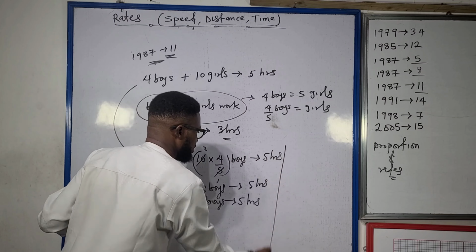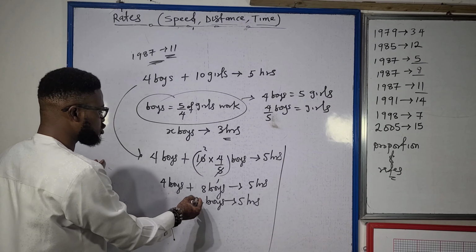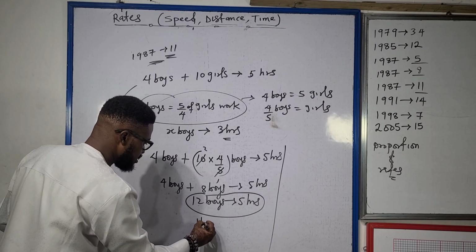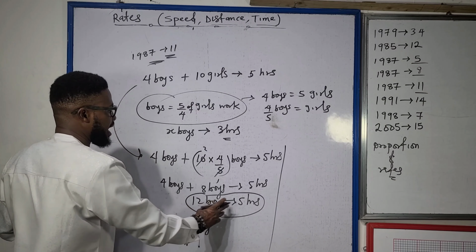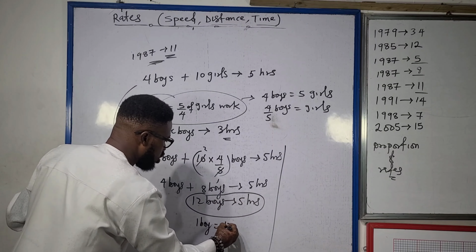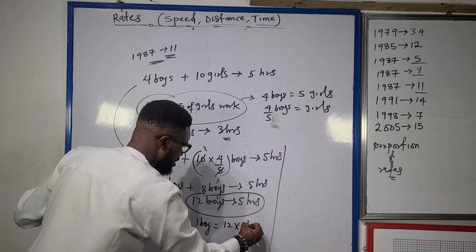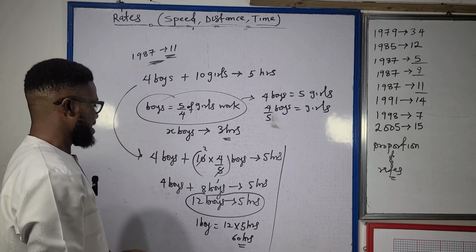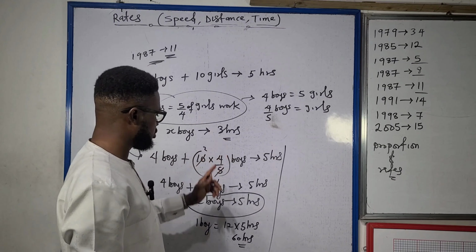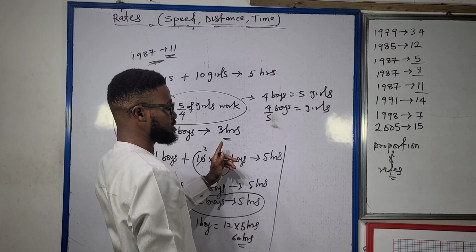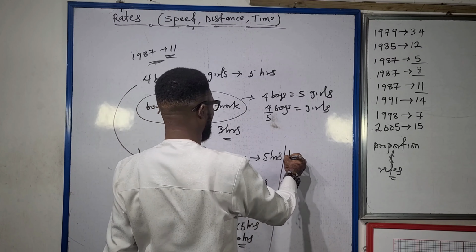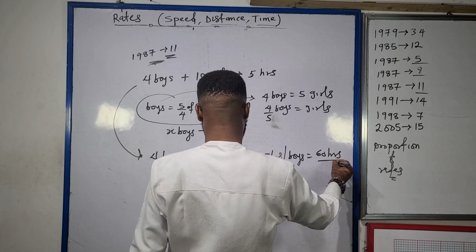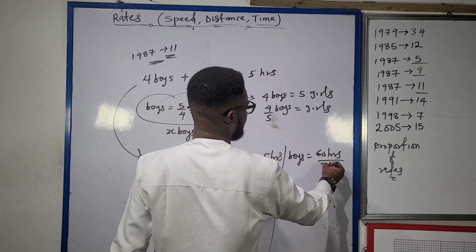Now this is how to go about it. If 12 boys will get this done in 5 hours, 1 boy can get this done in 12 times 5 hours. That is 60 hours. So if I want them to use not 60 hours but 3 hours, the number of boys is going to be 60 hours divided by 3 hours.